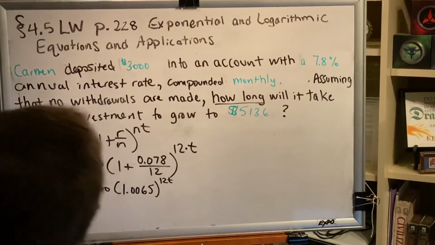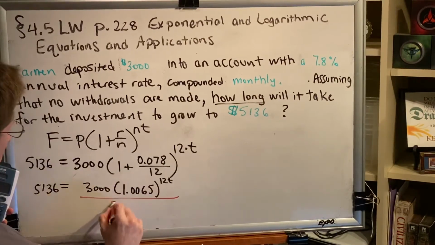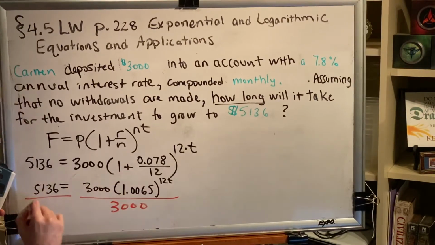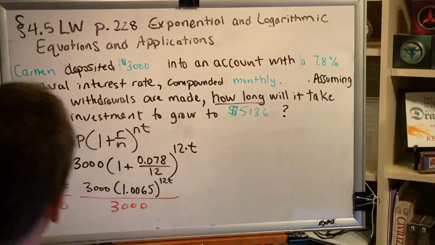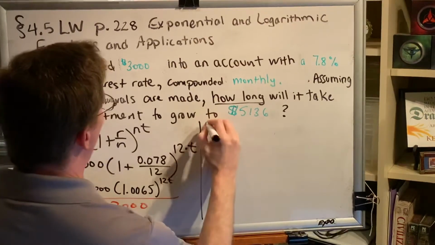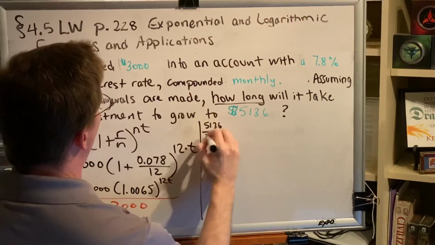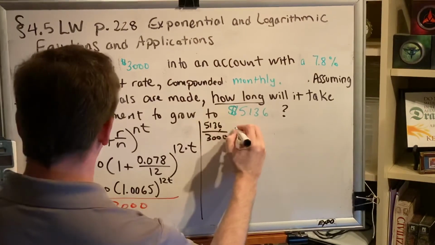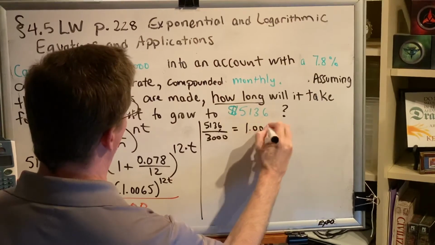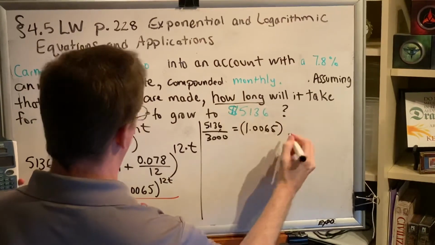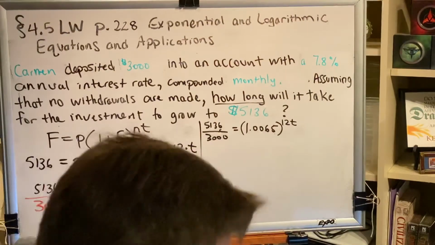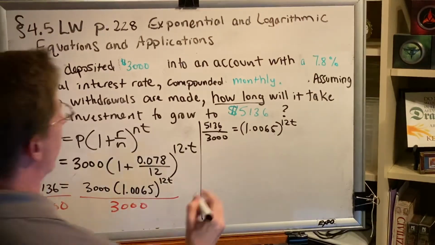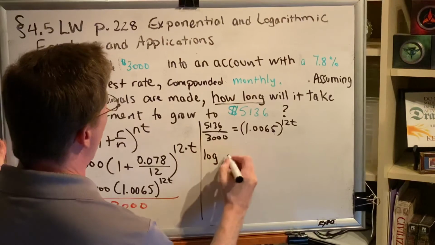We're going to divide both sides by 3,000. Then we're going to have 5136 divided by 3,000 equals 1.0065 raised to the 12t power. This is an exponential equation of type 2, so I'm going to take the log of both sides. I choose to take the common log.